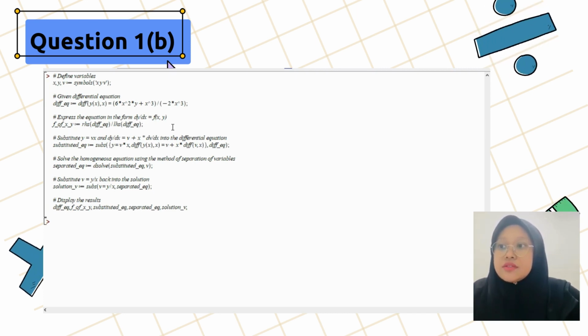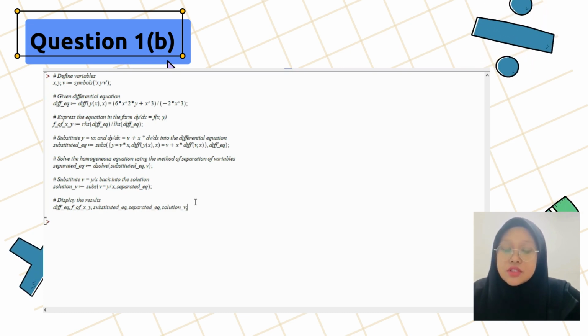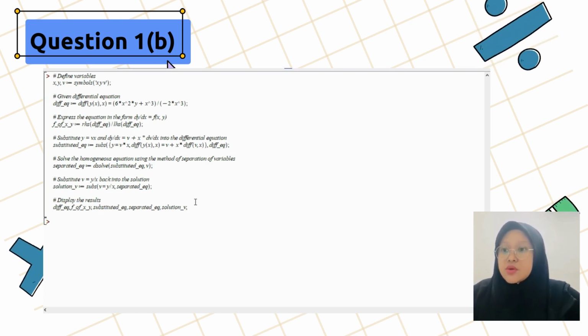Then solve the homogeneous equation using the method of separation of variables, and we substitute back v equal to y over x into the solution, and the display will show the result of the homogeneous equation. So this is the result of the homogeneous coding.